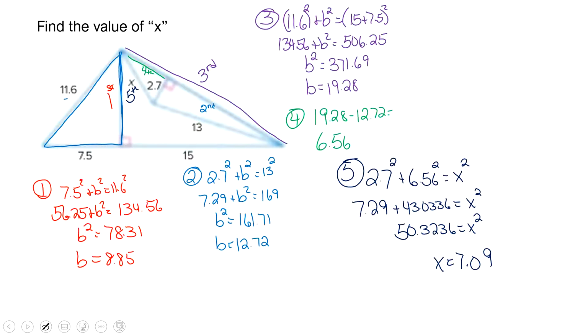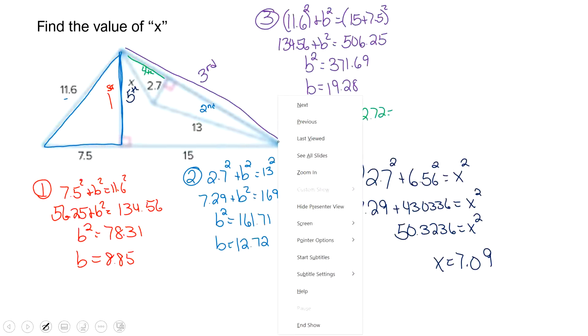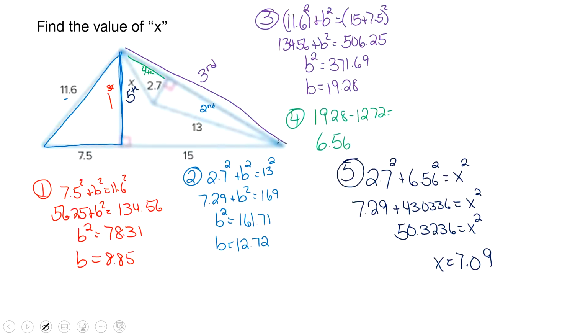Then I went over to find this side over here. I could find the second side because I had my hypotenuse and I had a leg. So I did 2.7 squared plus b squared equals 13 squared. Went through, got all that. I found that the second leg there was 12.72.